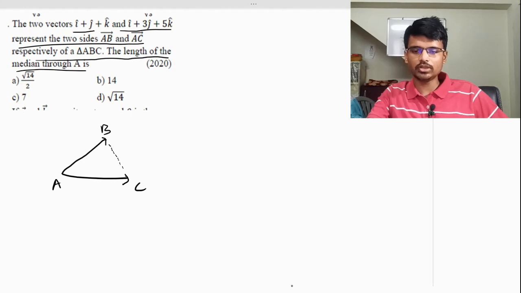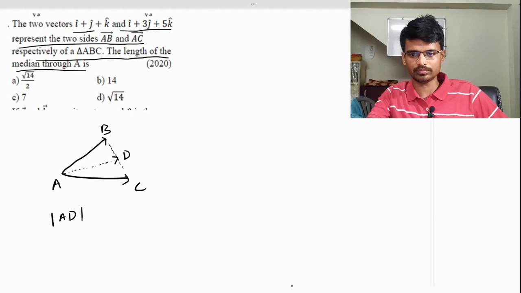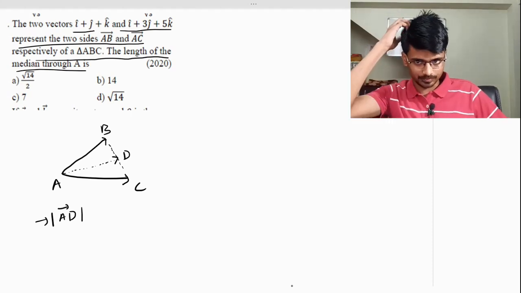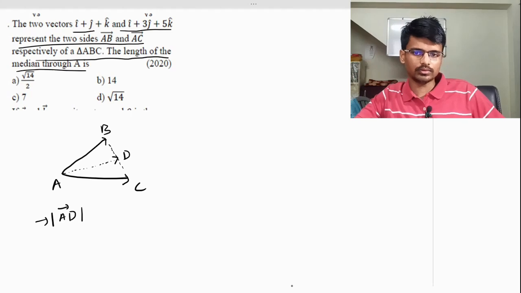So we need to find the length of the median through A. Let me draw that median. Let me call this point D. So our goal is to find the magnitude of vector AD. So recall, we'll be using this formula. Say a vector divides internally in the ratio m is to n, so the position vector of that point is given by this formula.